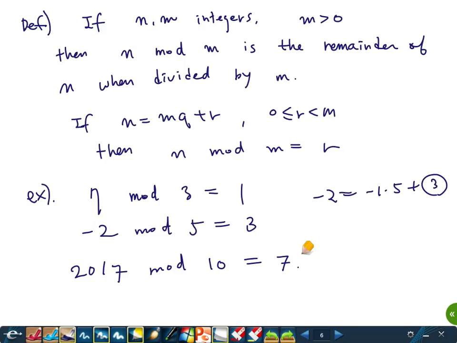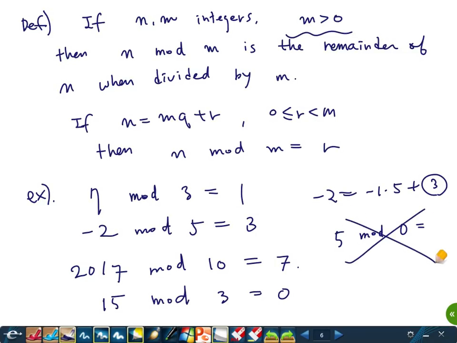And maybe one more, 15 mod 3. 0. What about 5 mod 0? We don't do that. It's not defined. The modulus must be greater than 0. What about 0 mod 5? This is fine. This is 0.